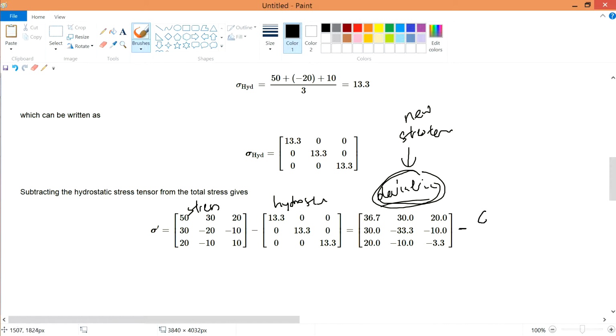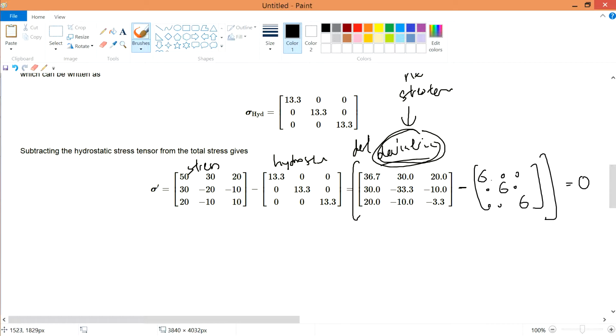So it's minus sigma, sigma, sigma, and then this whole thing, determinant equals 0. Then you can straight away find the values for the so-called deviatoric principal stress.